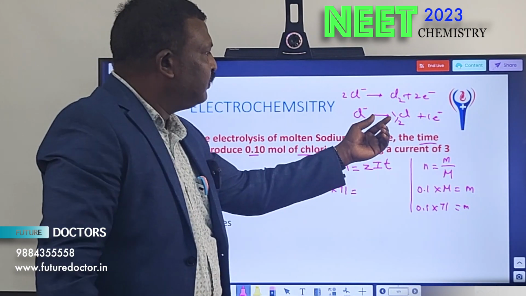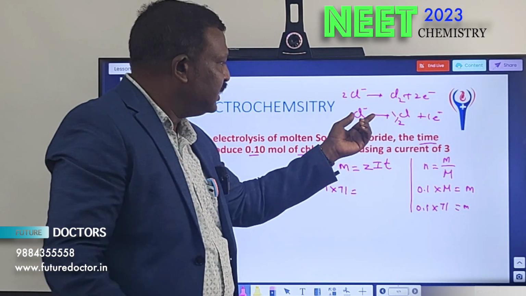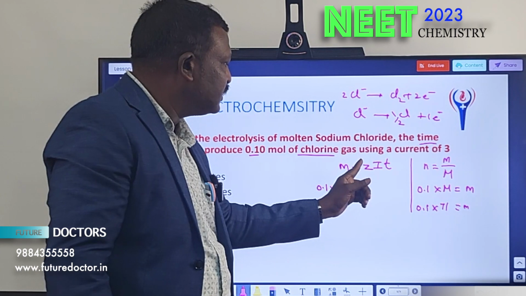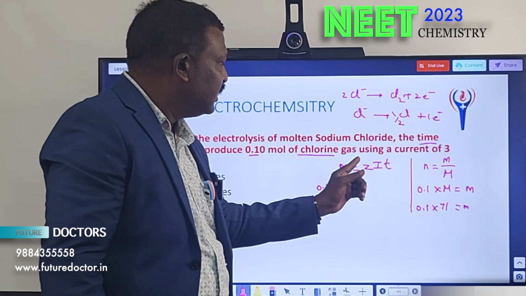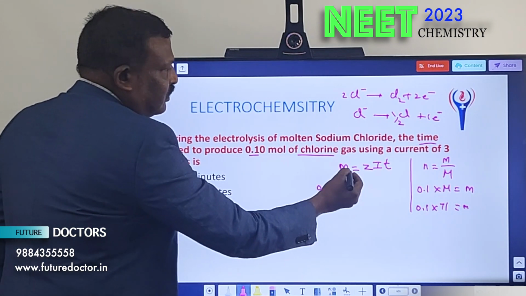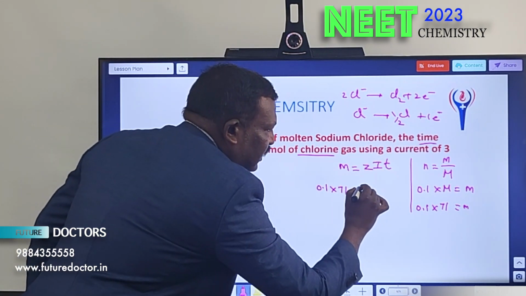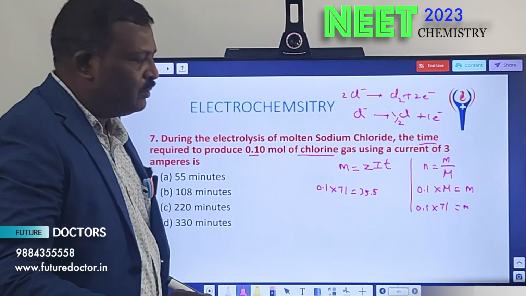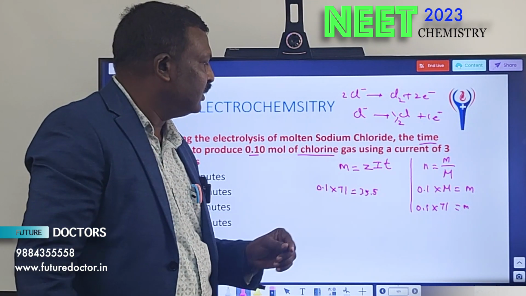See, 1 mole of Cl is deposited. We need 1 electron. 1 electron means here equal mass will be what we consider as molar mass, 35.5. Equal mass means by 1, so it will be 35.5. Understood? Molar mass and equal mass will be same for chlorine.